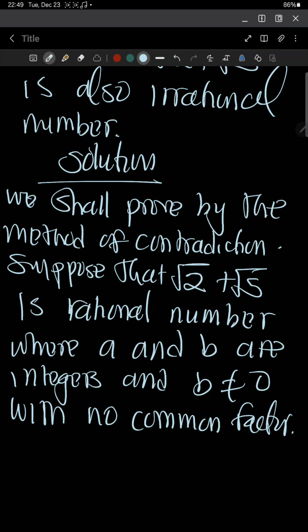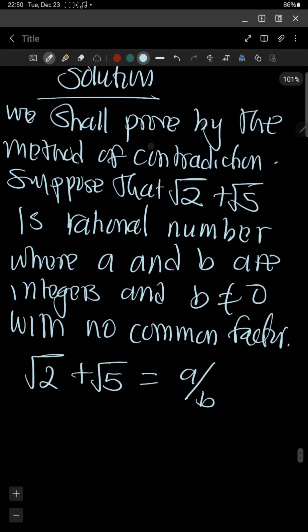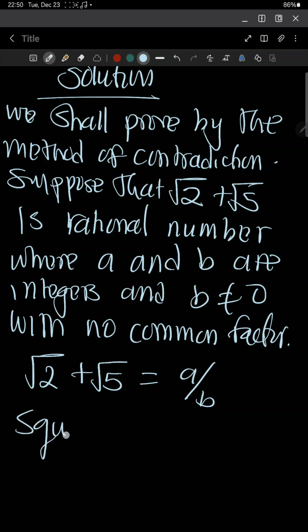So that is our statement. So we are saying square root of 2 plus square root of 5 is equal to A over B.